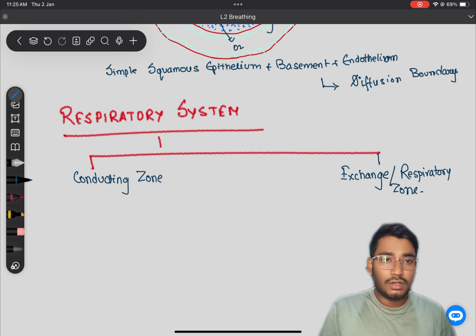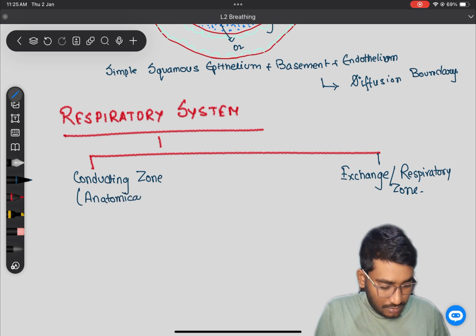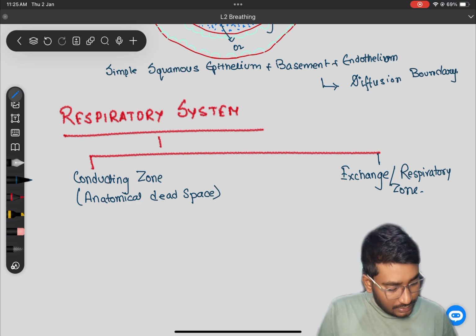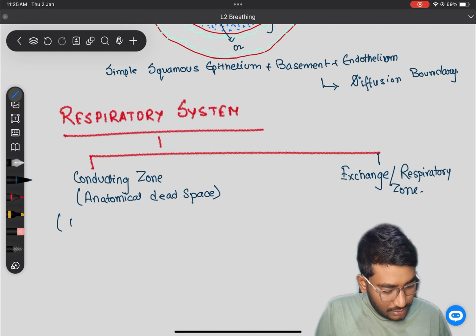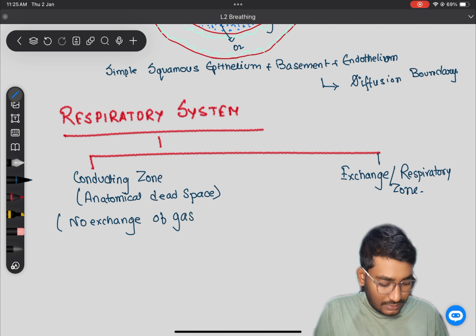This conducting zone also consists of the anatomical dead space. I will describe it later. Anatomical dead space: here no exchange of gases happens.